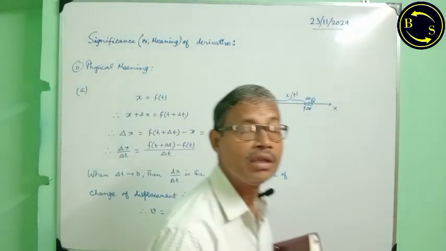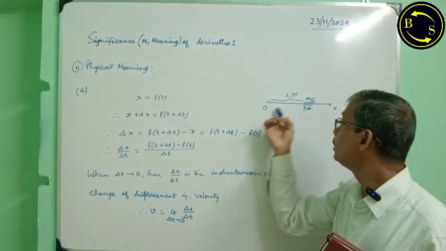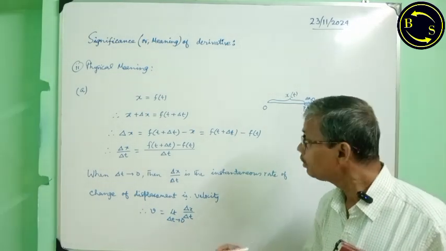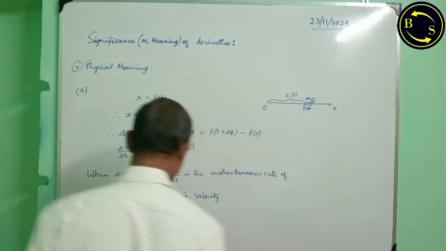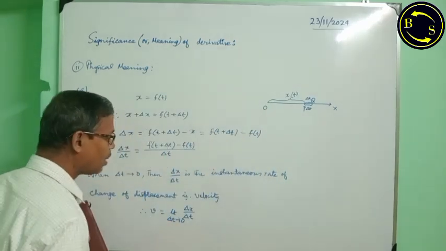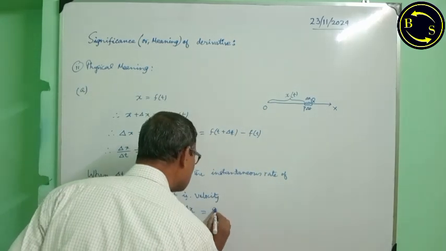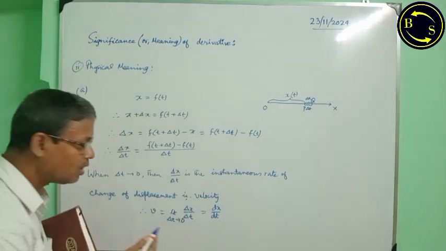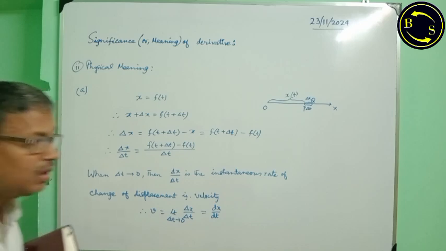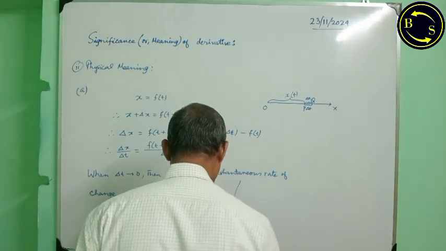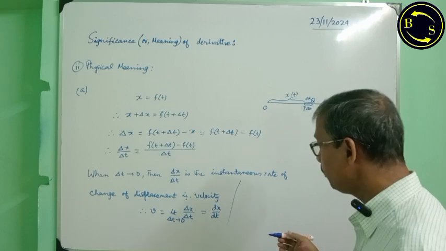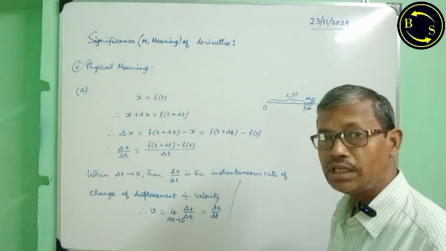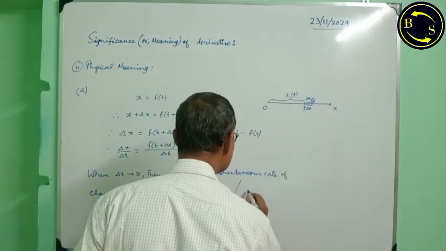Initially, we take the movement of the particle in straight path, but when delta t is very small, then that path may be curved also. This is nothing but, as per the symbol of derivative, v is equal to dx dt. Now, similarly, if we take the rate of change of velocity, then we get acceleration.